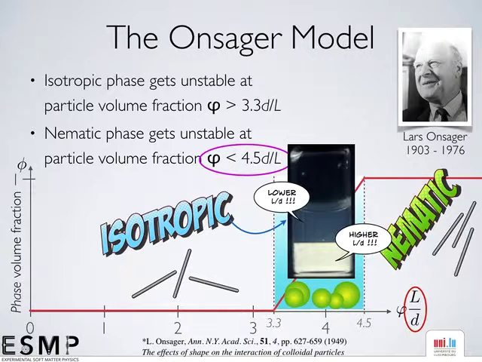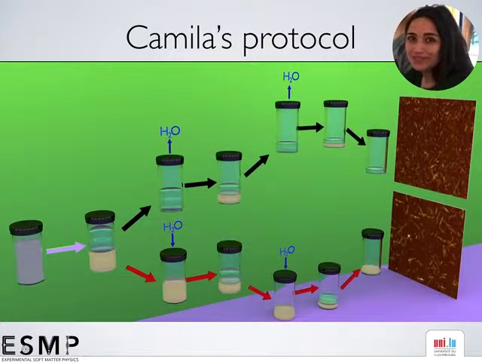And this works, it's actually been known for some time, but if you just do this once, you won't see any effect. So Camila devised a pretty nice protocol where she did this repeatedly. She separated the two fractions, and then she diluted the high concentration until she got to the phase coexistence regime again, and she evaporated water from the low concentration until she got in the phase coexistence regime again.